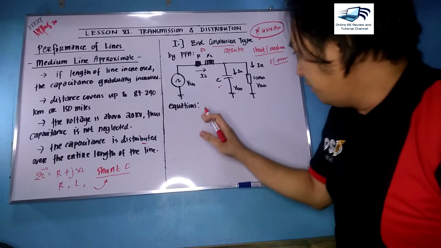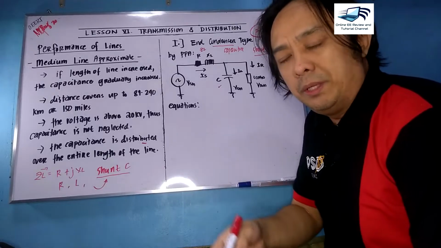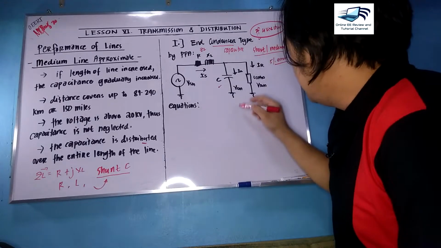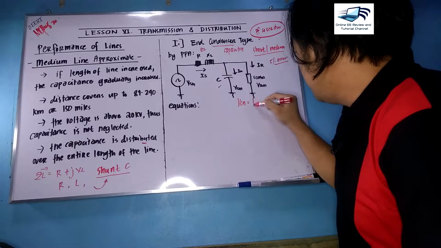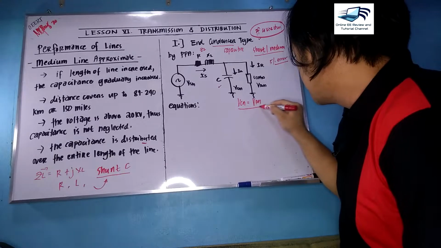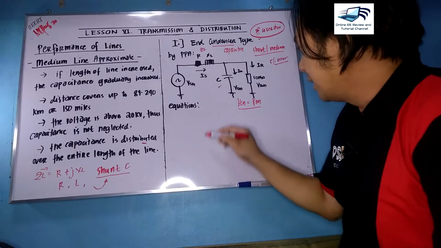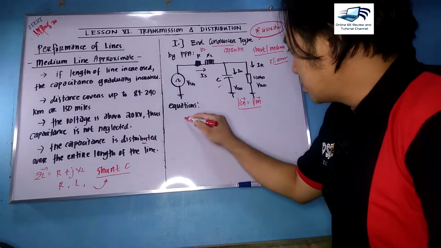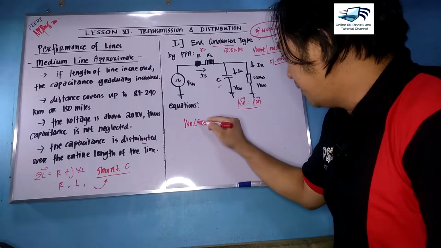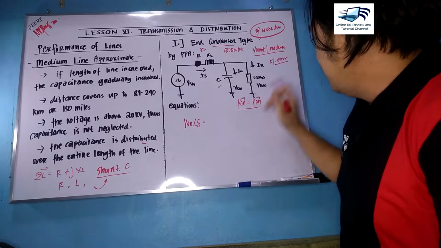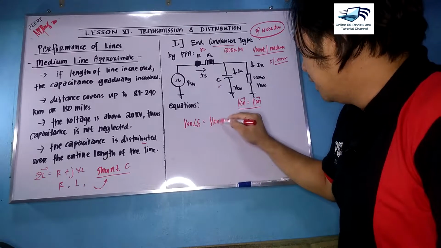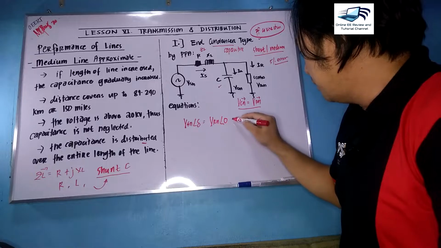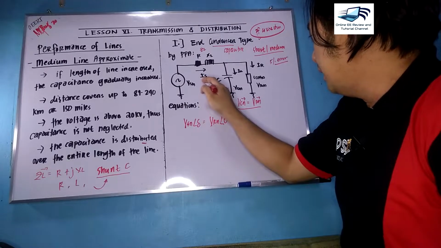The relevant equations here involve a little bit of circuit analysis. Your VSN is simply equal to your VRN because they are connected in parallel. Vectorially, you can get your VSN angle alpha by having your VRN angle 0, which is your reference, plus your IS, which will be different.